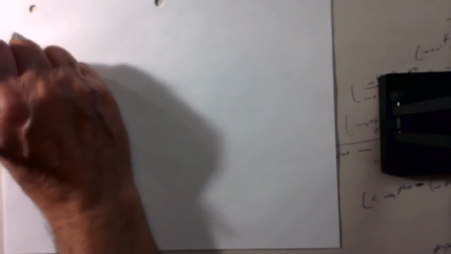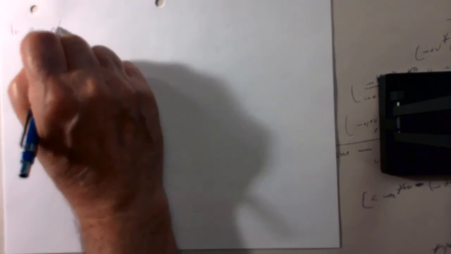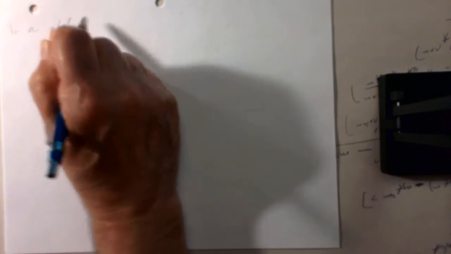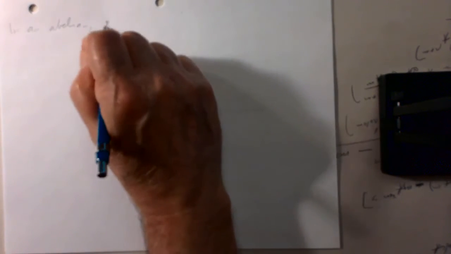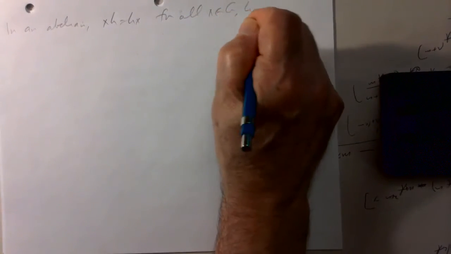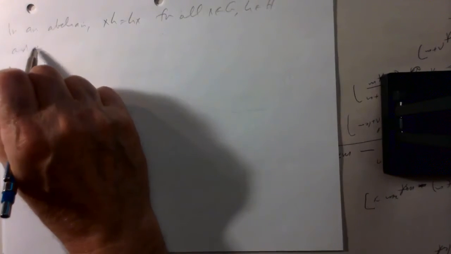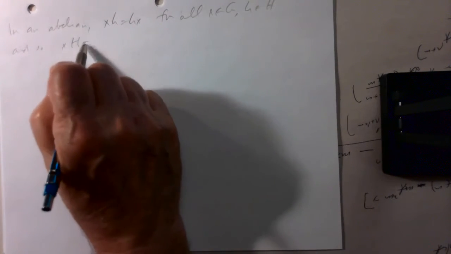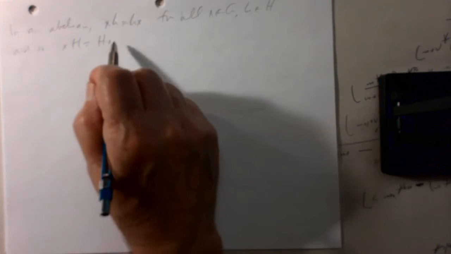coset multiplication makes sense. And of course, you can say, well, when do you have a normal subgroup? Well, in an abelian group, xH equals Hx for all x in G and h in H, true for all x and h in the group. And so your left coset is always equal to your right coset.